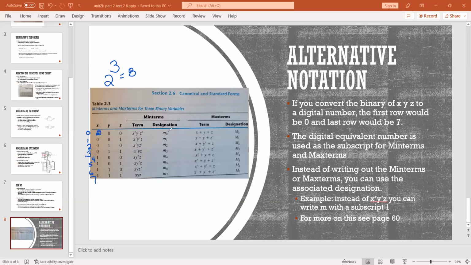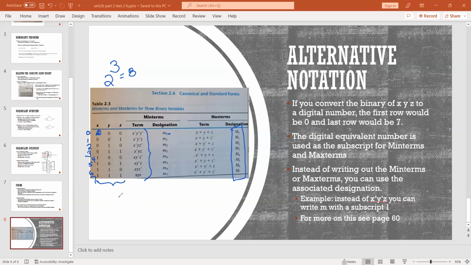So I want you to notice here is for each combination that you have, they take these min terms, you can write them as little m and then the subscript of whatever the binary number is from this combination. And for max terms over here, they are using the capital letters with the subscript from the binary combination over here.